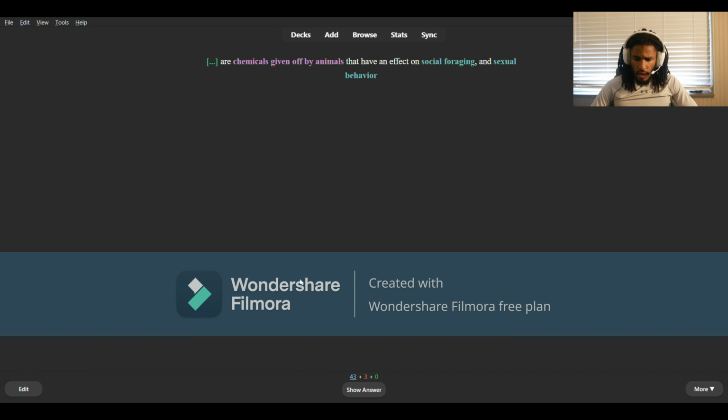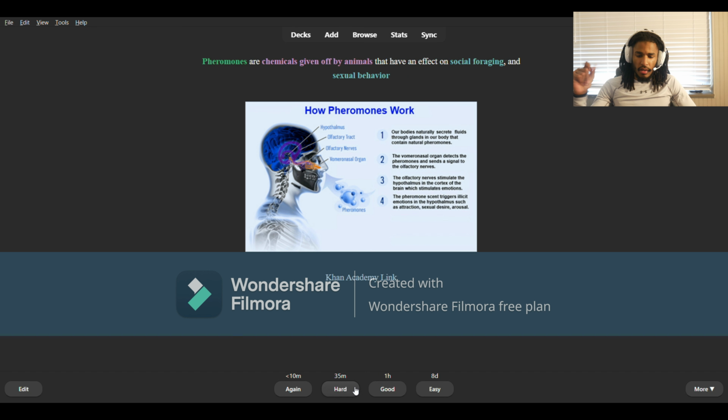Blank are chemicals given off by animals that have an effect on social, foraging, and sexual behavior. Now, this kind of maybe sounds like something familiar. Let's see here. Pheromones. See, okay, that's kind of right there.